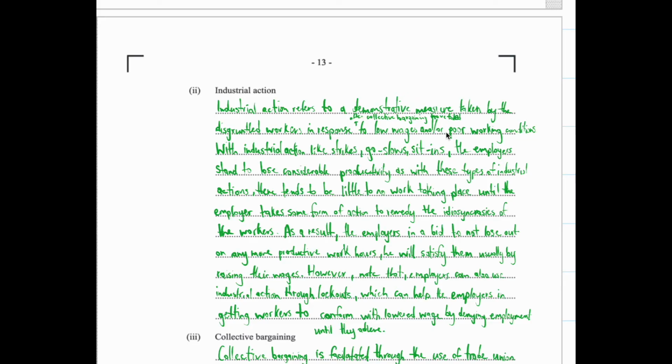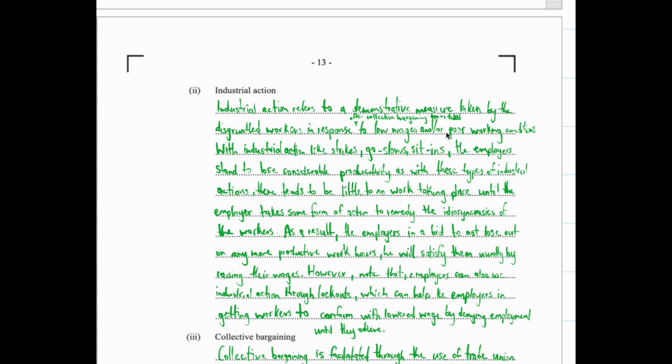Go slows is essentially where you actually do work, but you work at a slower pace, and you try to extract as many concessions as possible, essentially diminishing productivity. And you can also do a sit-in, where you are at the workplace, reporting for work, but you're not doing anything at all for the entire day.